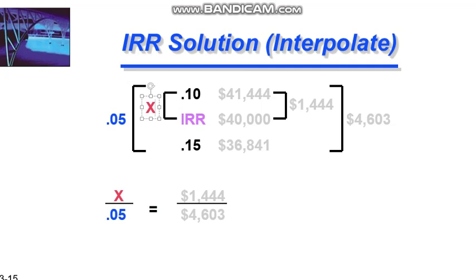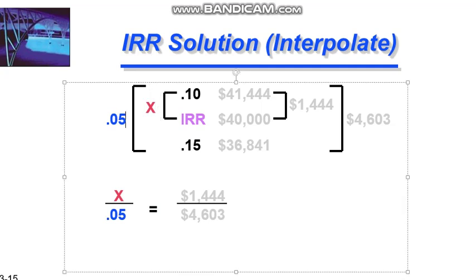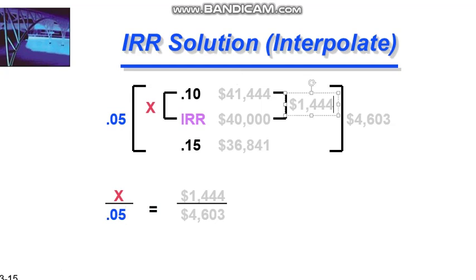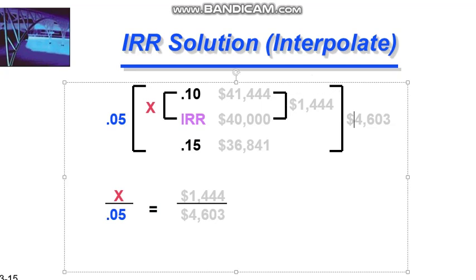Now we are going to equate the ratios between the figures, like X divided by 5% will have the same ratio as 1,444 divided by 4,603, right? The ratios between them will be the same, because these are in a series, these are in an equation, these have some sort of link together, so ratios will be the same.